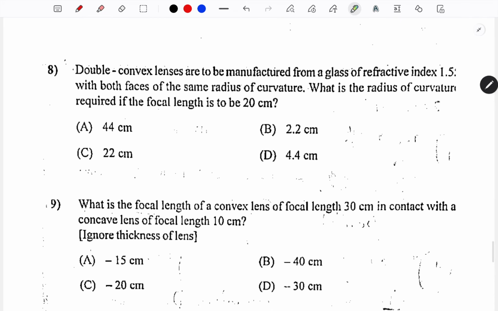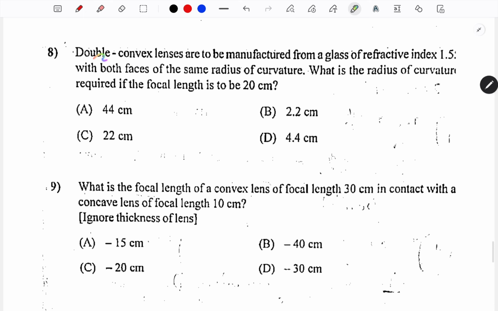Now see what the next question says. A double convex lens is to be manufactured from glass of refractive index 1.5 with both faces of the same radius of curvature. Radius is equal, means R1 is equal to R2 is equal to R. What radius of curvature is required for a focal length of 20 centimeter?